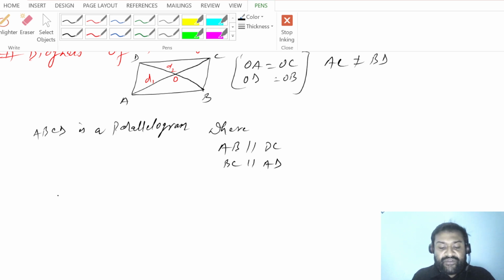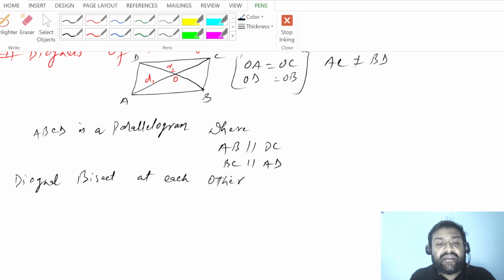Okay, so the diagonals bisect each other at E.